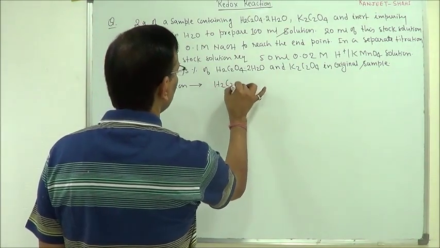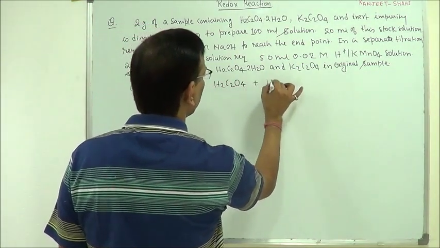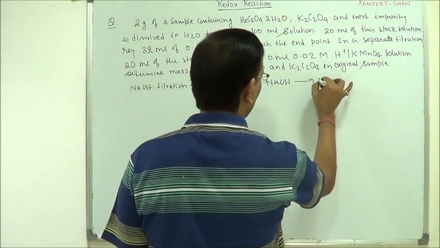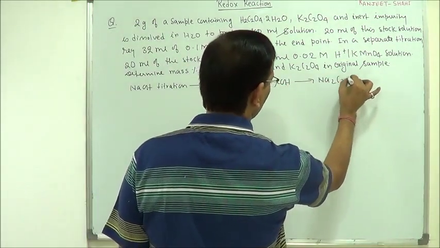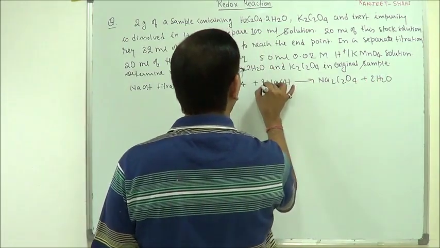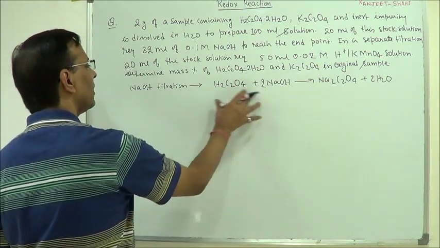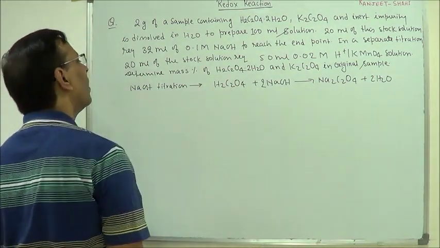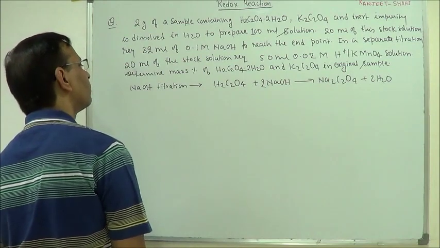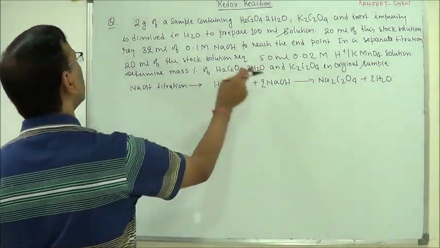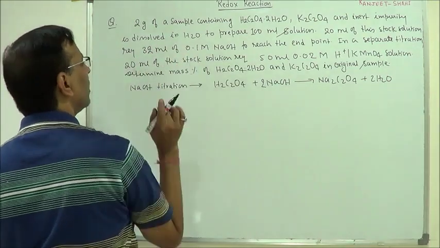This H2C2O4 will react with NaOH to give Na2C2O4 plus 2H2O, which can directly be used to find out the mole of oxalic acid. Sodium hydroxide 32 ml 0.1 molar.